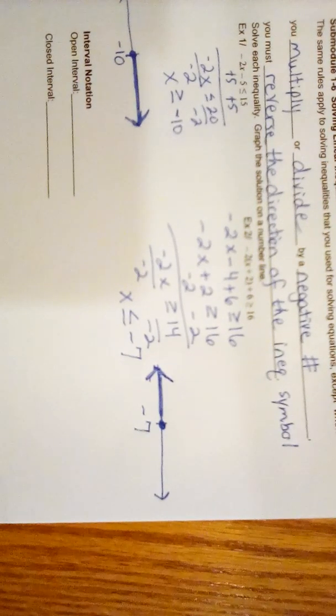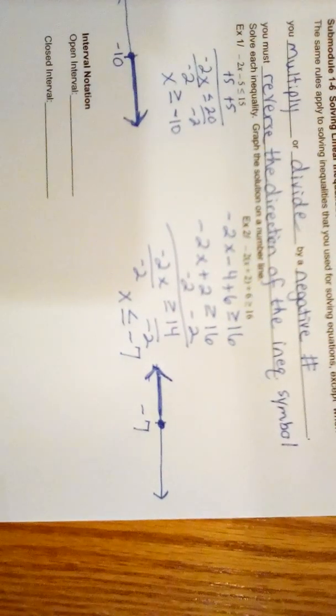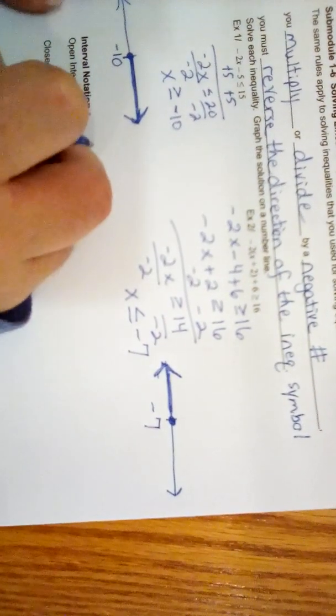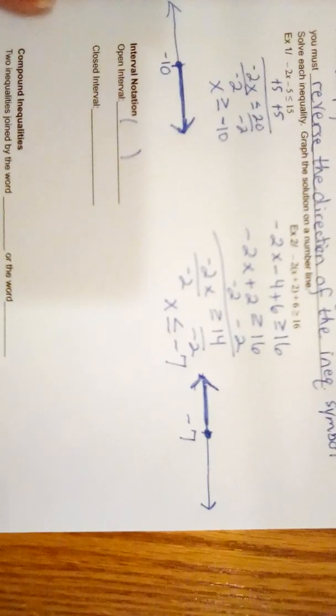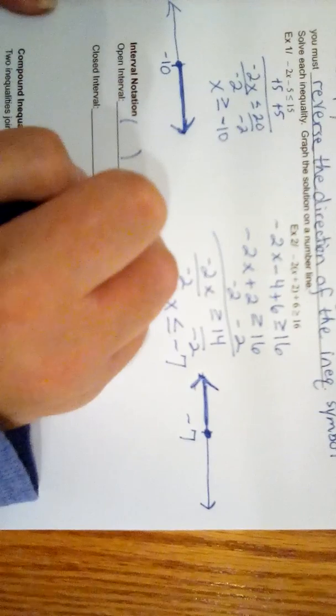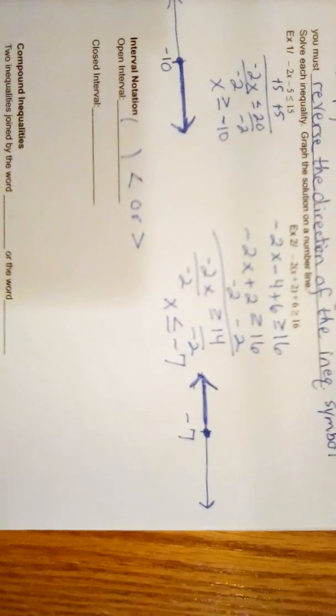Okay, there's another way to write your answer other than the way we did here, and that's in interval notation. An open interval is represented by parentheses. We have an open interval when we have a less than or greater than, and it does not have the equal to.